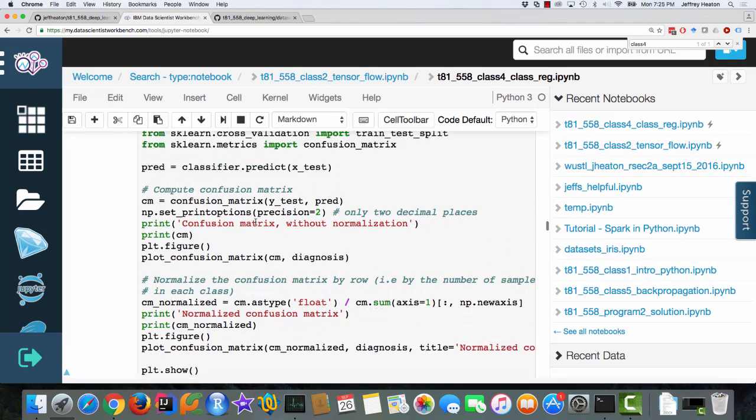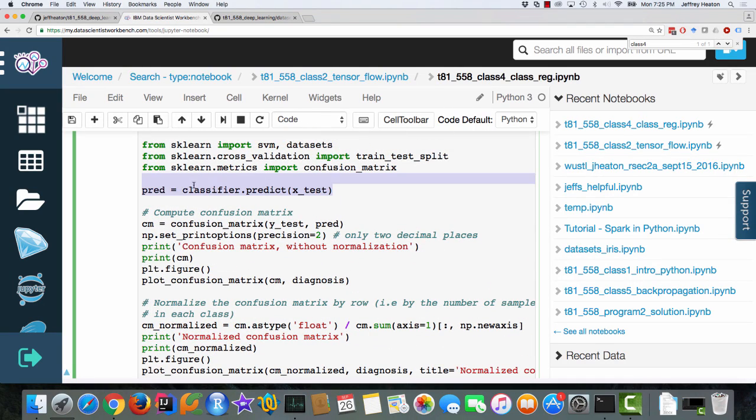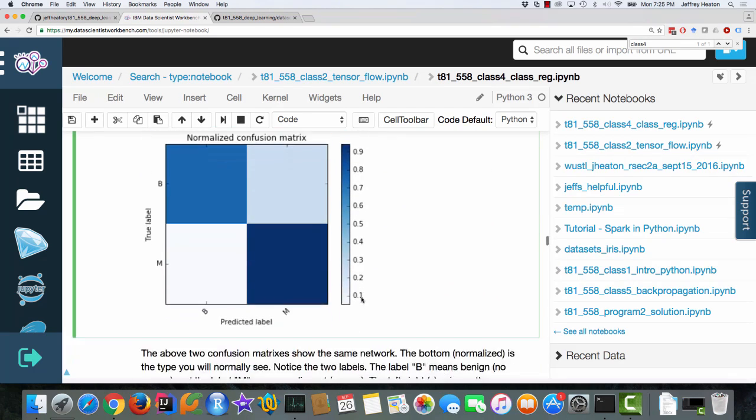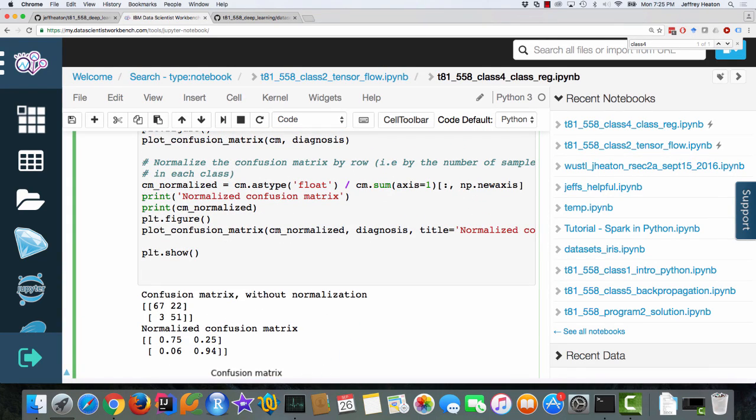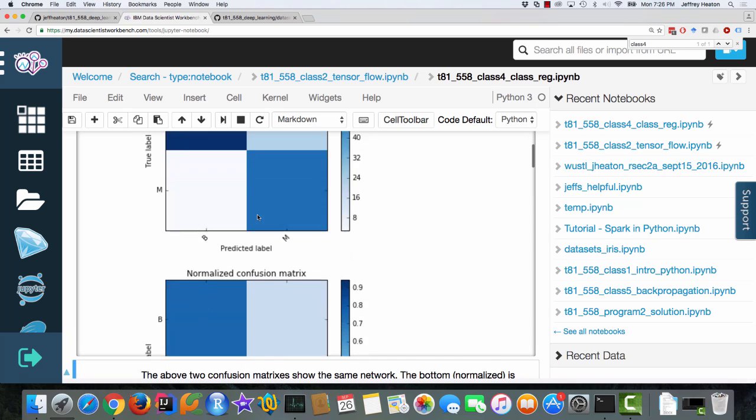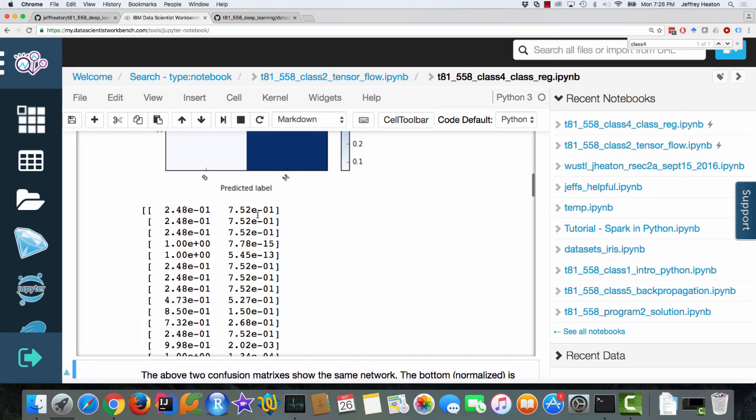So what I could do is call this here, and instead of doing that, I'm going to do print predict proba. And there are examples of this in the last class. If I call it now, it's going to generate these, and then it prints out a whole bunch of these.